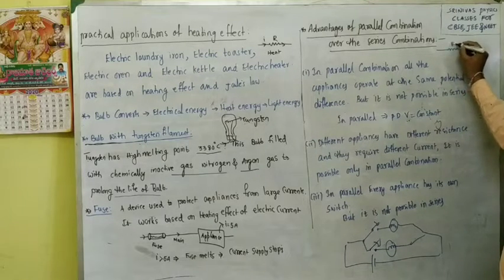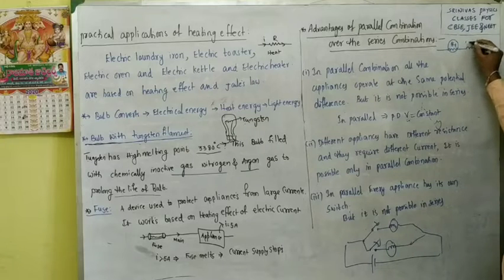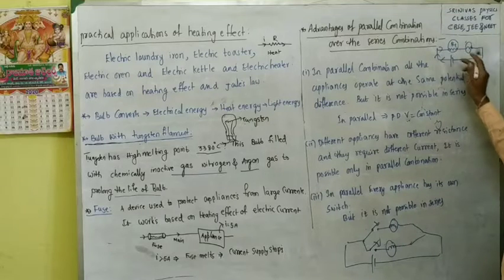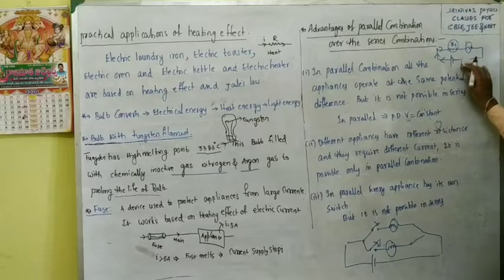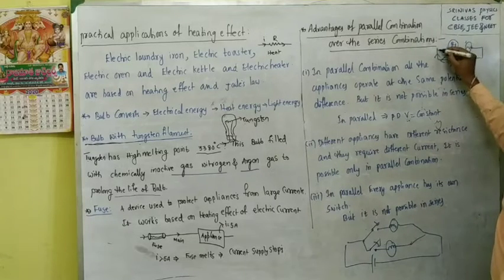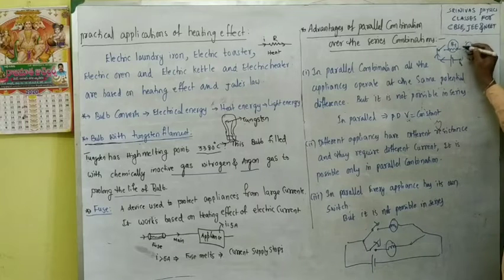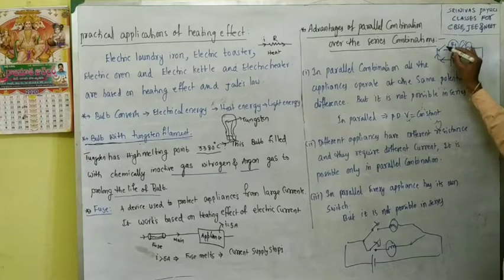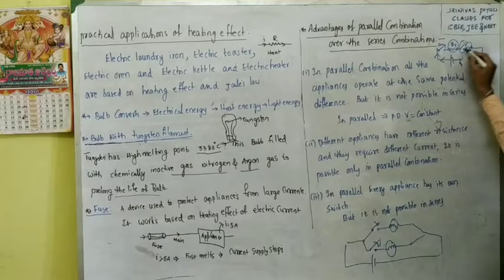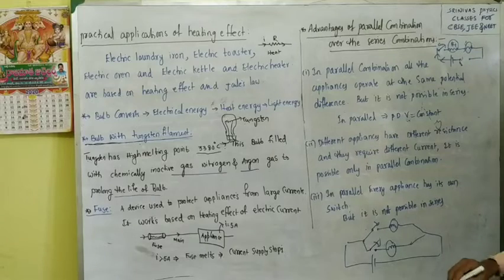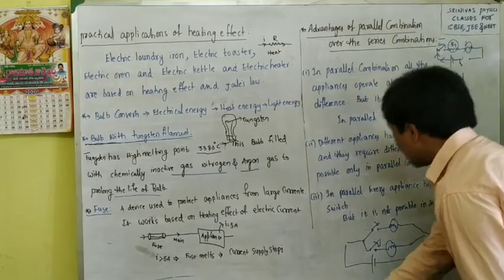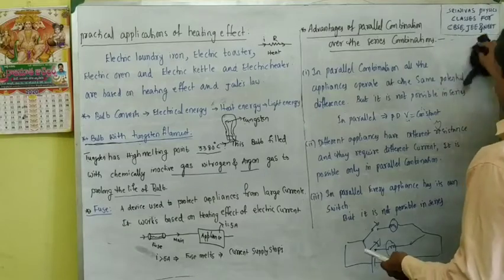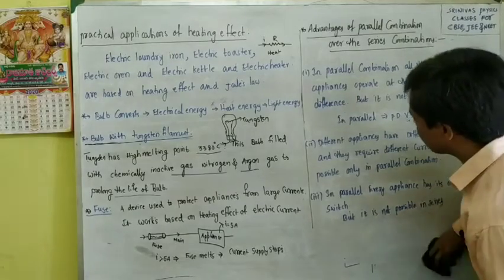In series it will be R1, the first bulb, and this is the second bulb, connected like this. Current starts from here. Here we use one switch, but it is not possible to use different switches. If you open this switch, automatically current does not pass to the other side. That means different appliances do not have different switches in series combination. And one more point is the last point.